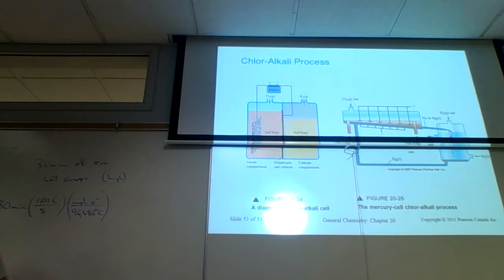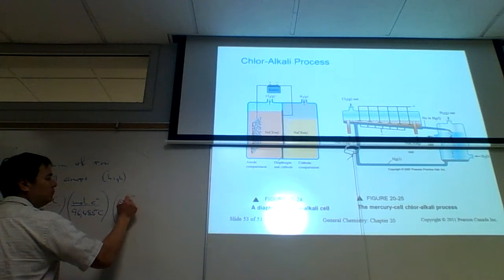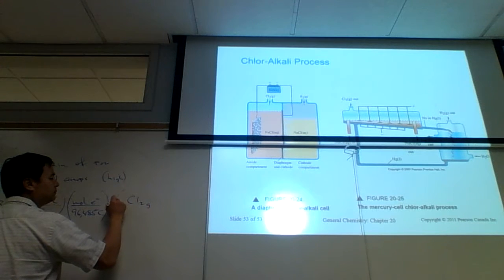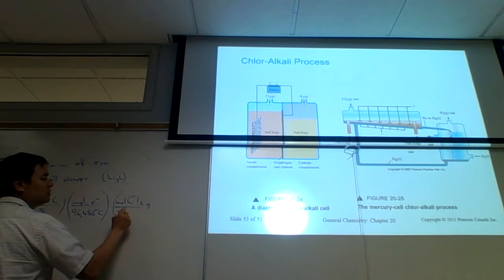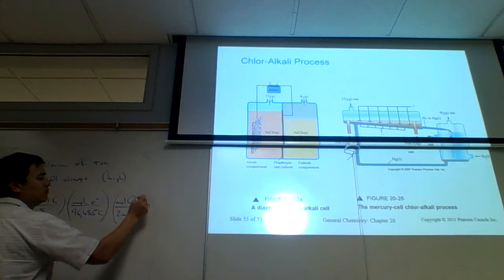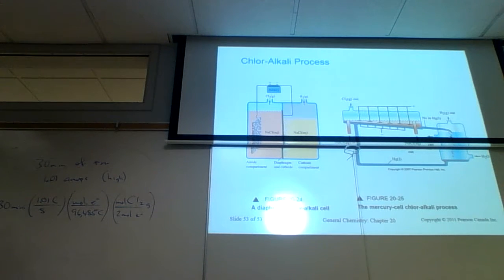And so, for example, if I wanted to figure out how much chlorine is produced, then I know that 1 mole of chlorine is produced for every 2 moles of electrons. This is from the balanced half reaction: 2 chlorides produce the chlorine plus 2 electrons.